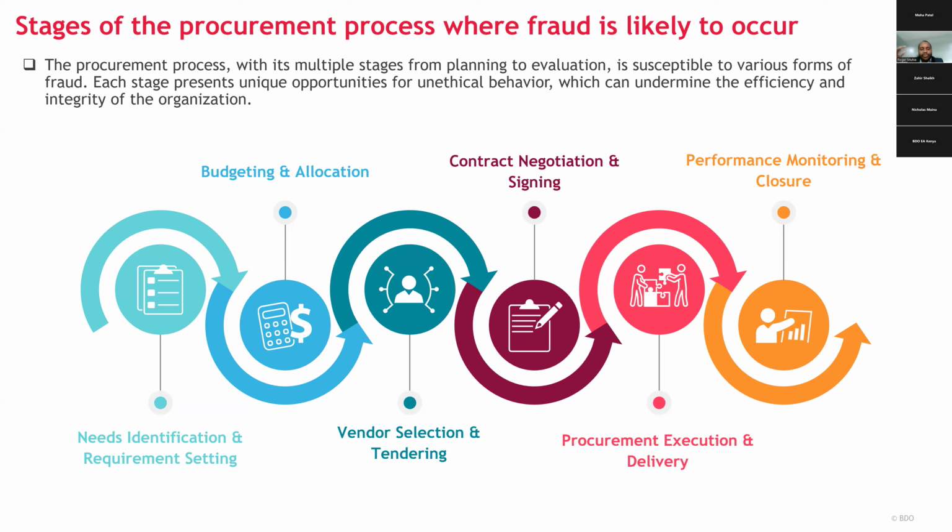The next stage is vendor selection and training. This particular stage is where vendors are selected, and it's also highly susceptible to fraud, particularly through the tendering and bidding process.